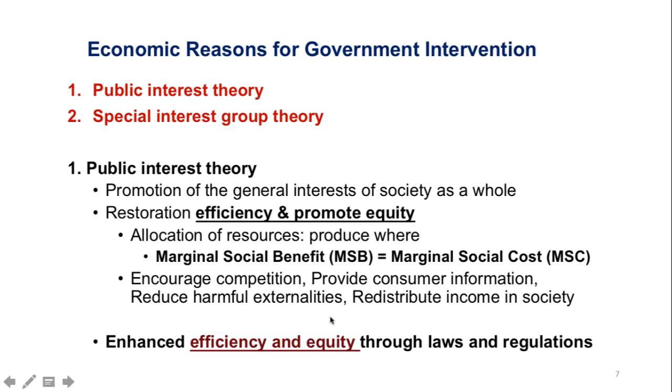So if the government wants to take care of equity, then it is discouraging efficiency. So there is a trade-off between efficiency and equity. That's the most difficult role of government, to keep this balance or choose the projects that enhance both efficiency and equity through laws and regulations, which is very difficult.